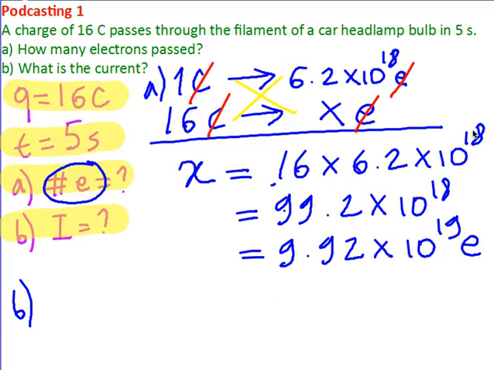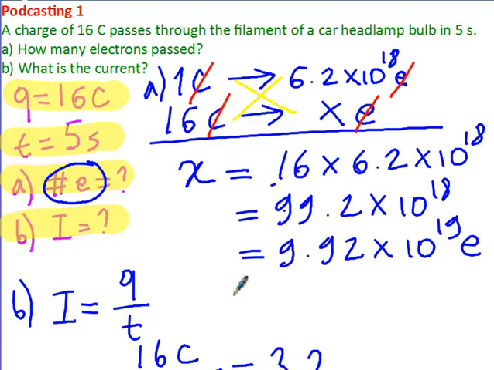But nevertheless, for B part, the relation to connect current with the charge and time is our nice little formula of I equals Q divided by time. Since Q is 16 coulombs and time is 5 seconds, that will give you 16 divided by 5, which is 3.2 amps, and that will be the answer for the B part.